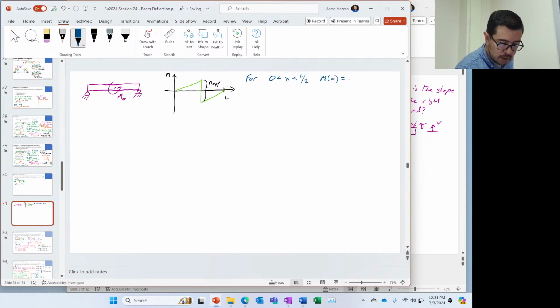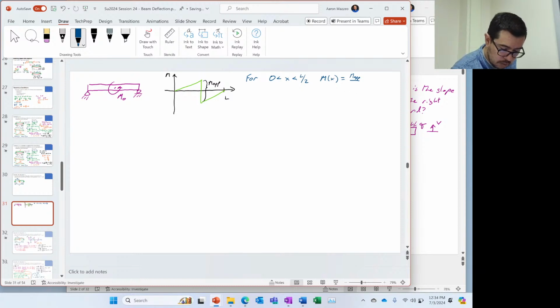It's going to be M of x equals just the slope, which is going to be MAP, because this is MAP over 2, so this needs to be MAP over 2L. No, over 2. No.